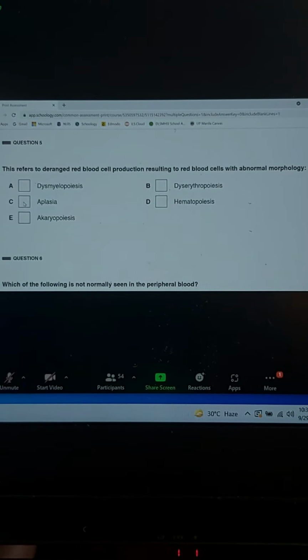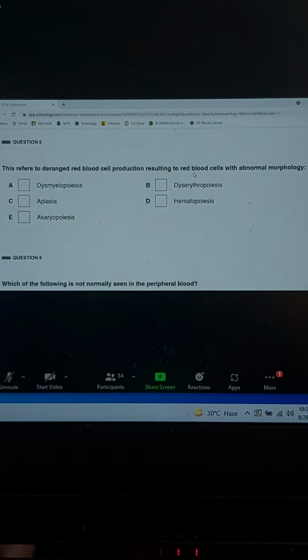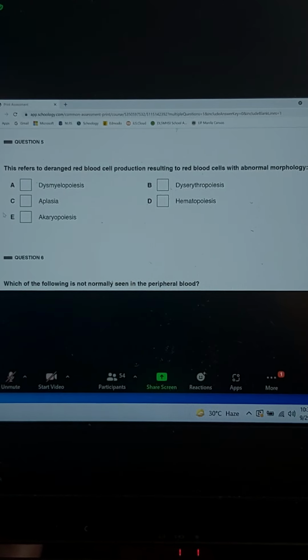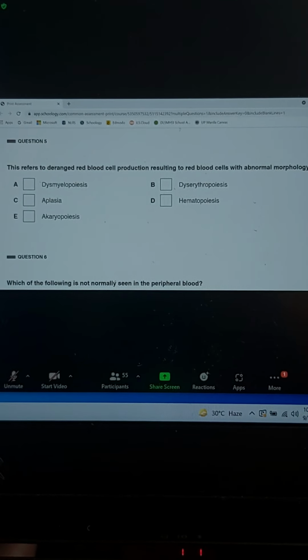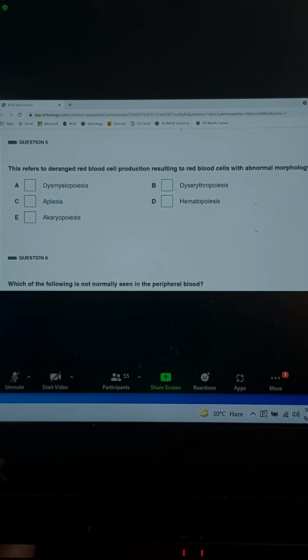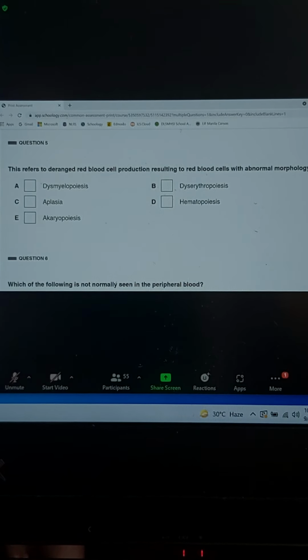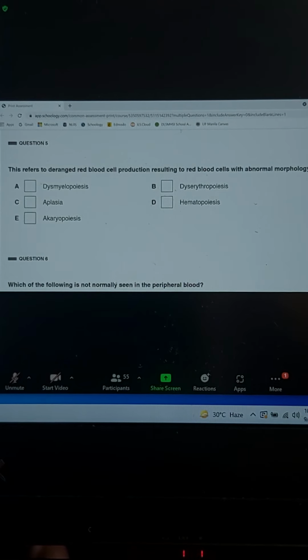Question number 5. So this refers to the deranged red blood cell production resulting to red blood cells with abnormal morphology. So what's the correct answer? So it should be letter B. Okay?